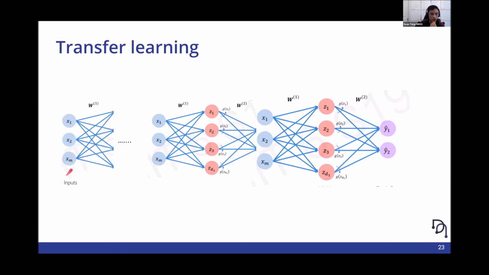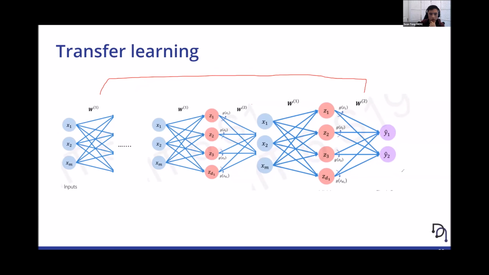We can have our inputs and an arbitrarily deep or long neural net, and it can go on for as much as we want, right? And that can get pretty complicated. That's going to be a lot of weights that we have to train, and it's going to be quite complicated to design such a big neural net anyway.